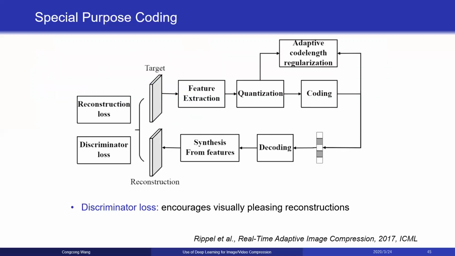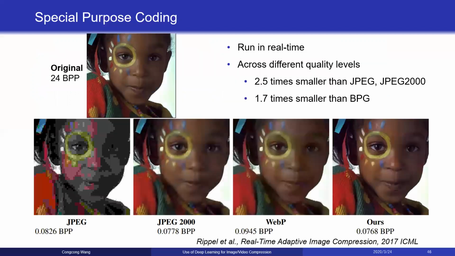Some researchers first proposed a work that uses a discriminator loss function to improve the visual quality. This is an end-to-end framework. The main difference from other neural network-based compression is the discriminator loss. This loss can encourage visually pleasant reconstructions. By using the generative ability of GAN, it gets quite interesting results for a very high compression rate.